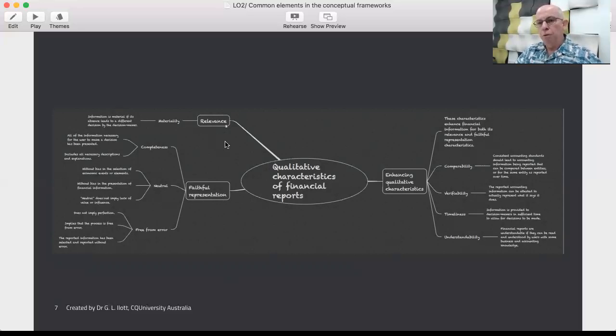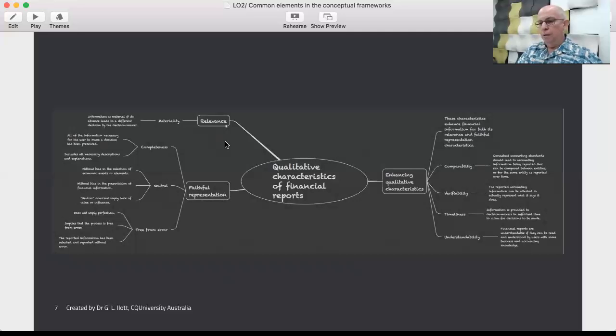We hope that the reports are reporting what's actually happened, both good and bad, and they're not simply a reflection of some senior manager or accountant wanting to adversely influence an investor's decision. And of course, we want them to be free from error. Now, this does not mean that we expect our financial statements to be absolutely accurate. We know that perfection is not a good trait in humans. So, free from error as far as possible, but we don't expect perfection.